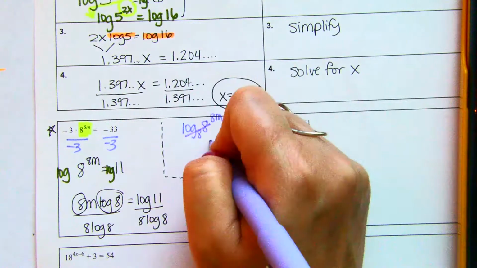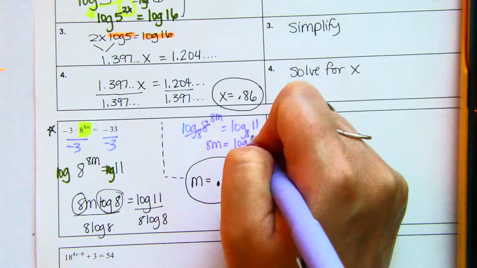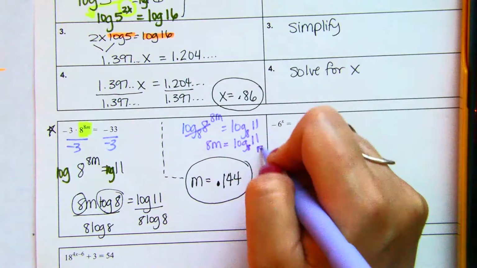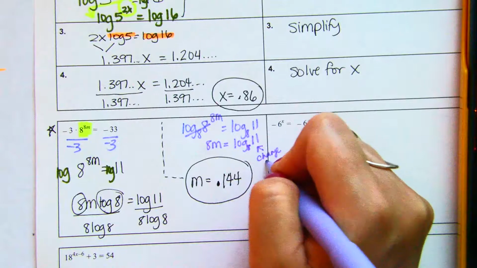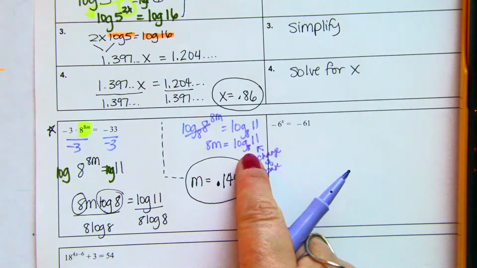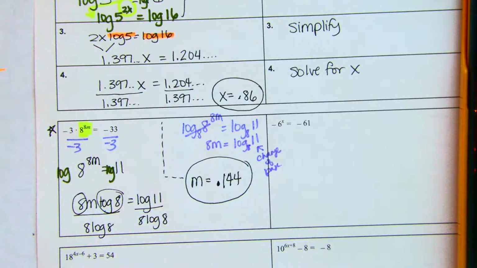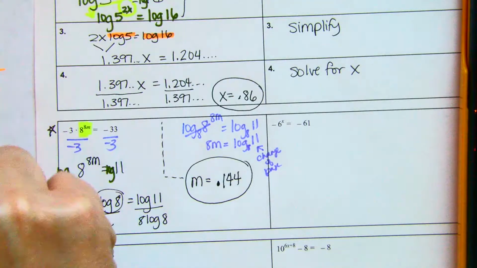Then remember, those would cancel. But then you need to do change of base. So you would do log of 11 over log of 8 and then divide by 8, which is essentially the same thing. So it doesn't really matter which way you do it. They all lead to the answer.